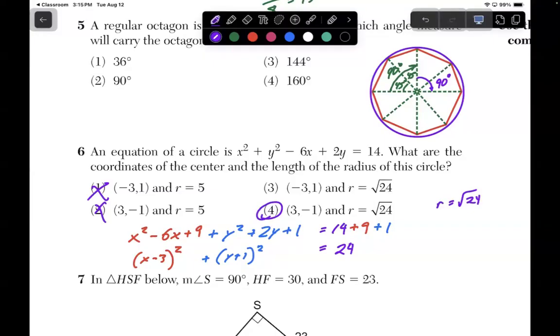Because it's x minus h squared plus y minus k squared equals radius squared. That is your circle equation. And this is the center. The h and k.